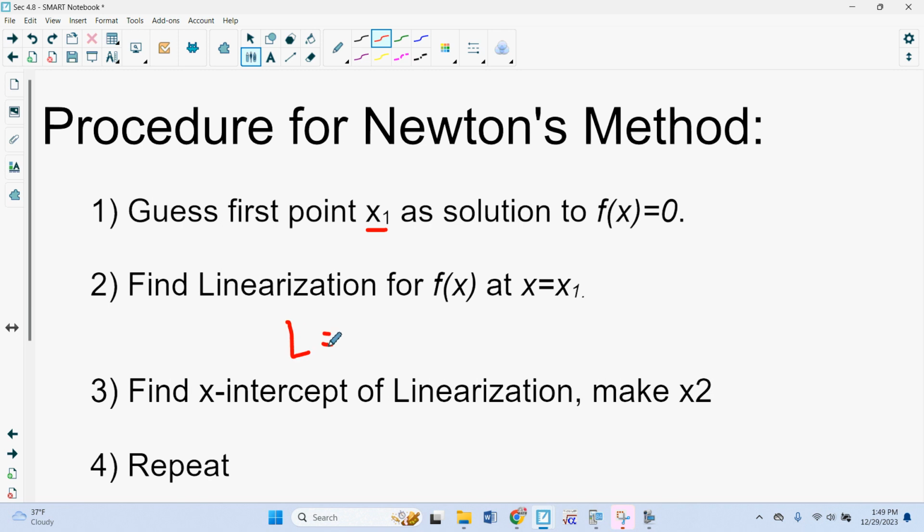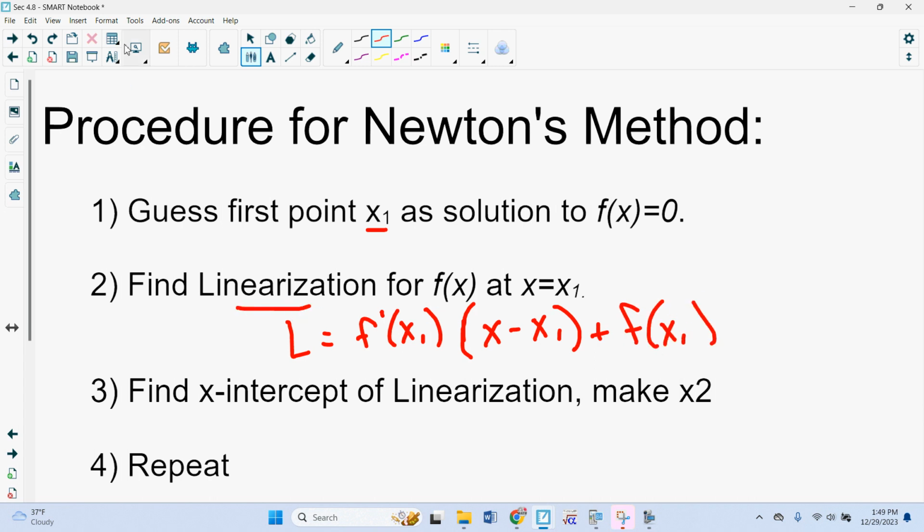That linearization, as I just said, would be f prime of x1 times x minus x1 plus the functional value at x1. A linearization is just a fancy word for the equation of our tangent line. Then we are finding the x-intercept of our tangent line, our linearization. We're going to make that x2, and then we're going to repeat. Going to go back up to the top and do it again.